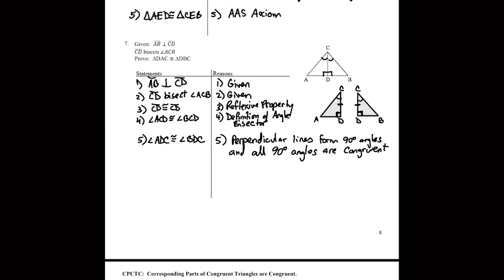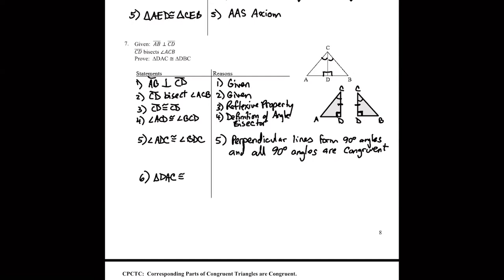All right. So now I have enough to say that the two triangles are congruent. That's triangle DAC. I could say ADC, but they said DAC, so I want to say what they said.